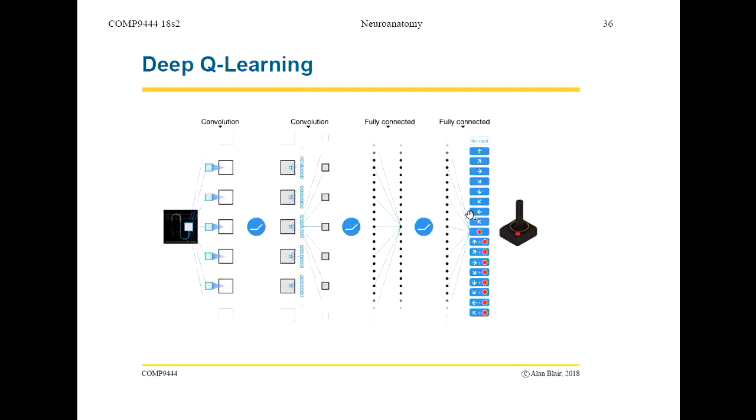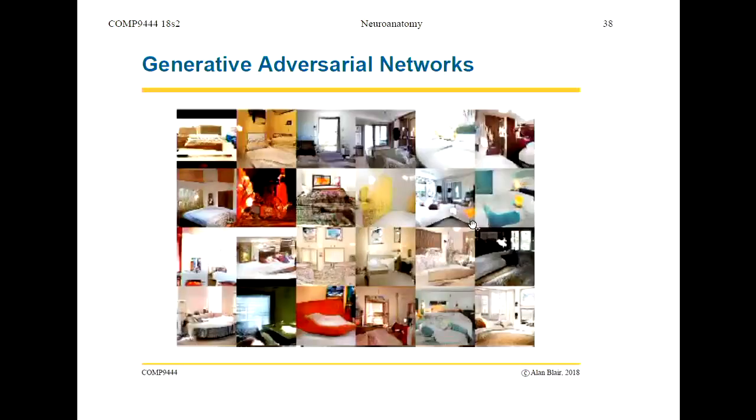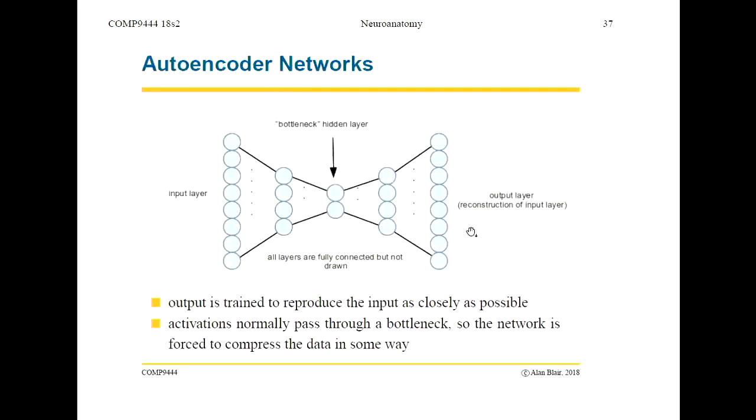We'll spend a couple of weeks on this reinforcement learning stuff. And then at the end of the course, we'll talk about autoencoders and generative models. Just briefly, what these autoencoder networks are is that you're not, so let me see here.